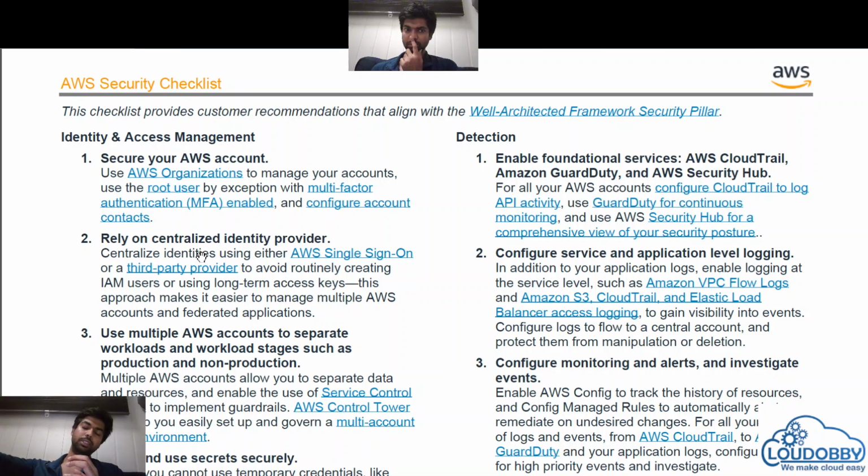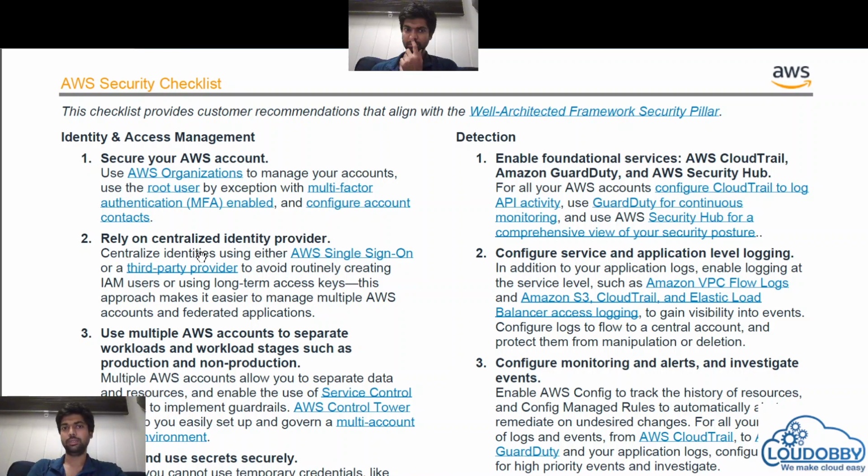One person can log into account A, another person can log into account B, another person can log into account C. Still, all this should be captured in one single identity authorization. For that, AWS provides AWS Single Sign-On. Single Sign-On is kind of a portal where once the user logs into the portal, you will see all the accounts there. From Single Sign-On, you will go to whichever account he wants to go.